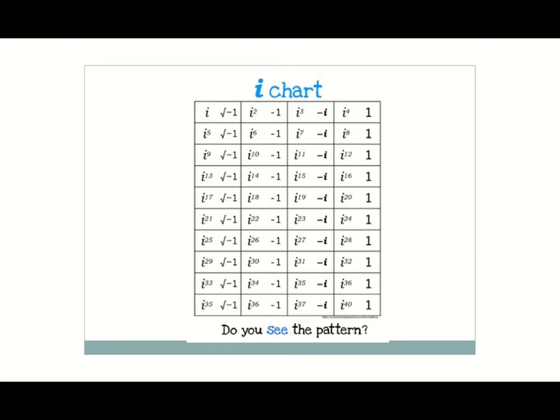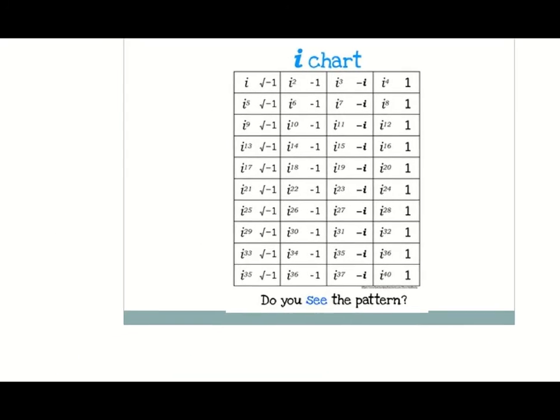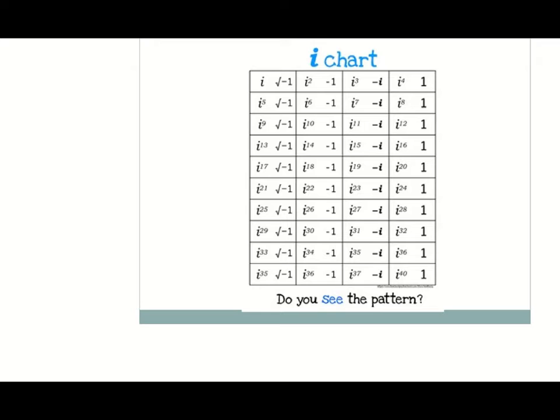So we went through and we saw i squared, i cubed, i to the fourth. We had our pattern of the square root of negative 1, negative 1, negative i, 1. Well, if you keep going and we were to do i to the fifth, we would have the square root of negative 1 five times.